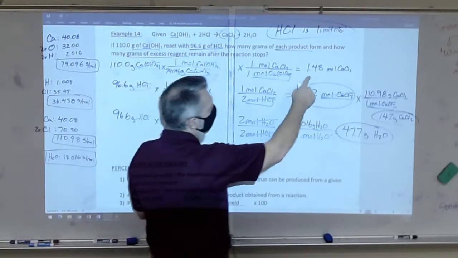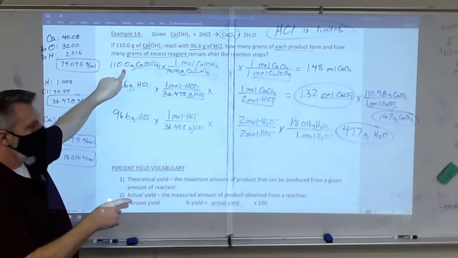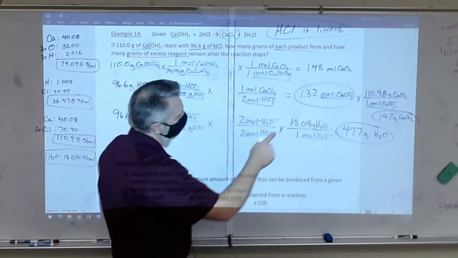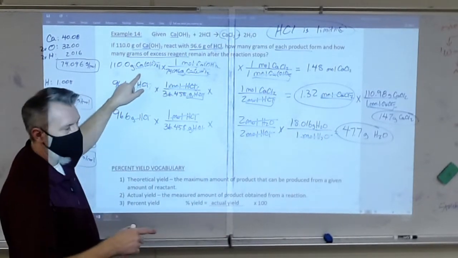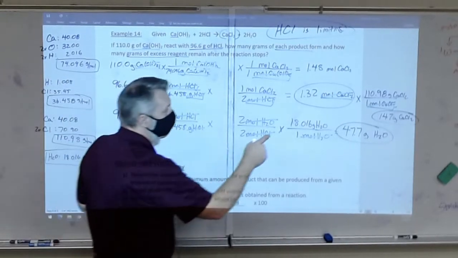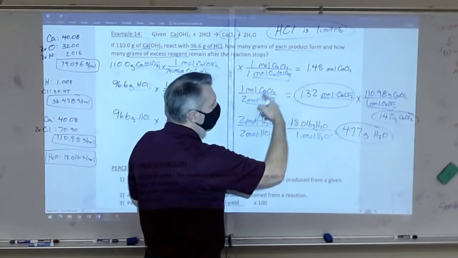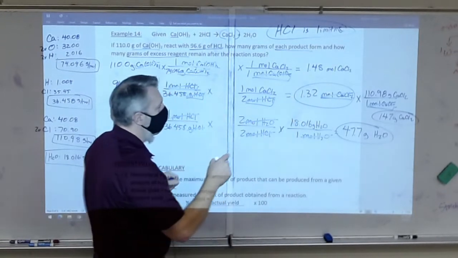If I had made this many moles of calcium chloride, I would have used up all of the 110 grams of calcium hydroxide. I need to convert moles of calcium chloride to grams of calcium hydroxide, the moles of calcium chloride I actually made. So this is another reason that I stop at this stage and figure out my limiting reactant before I move on.